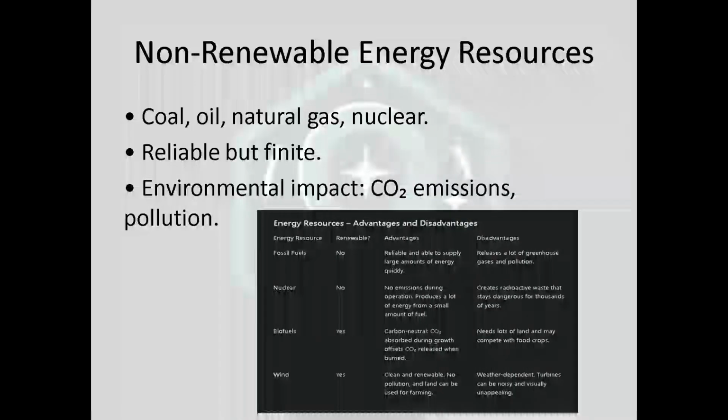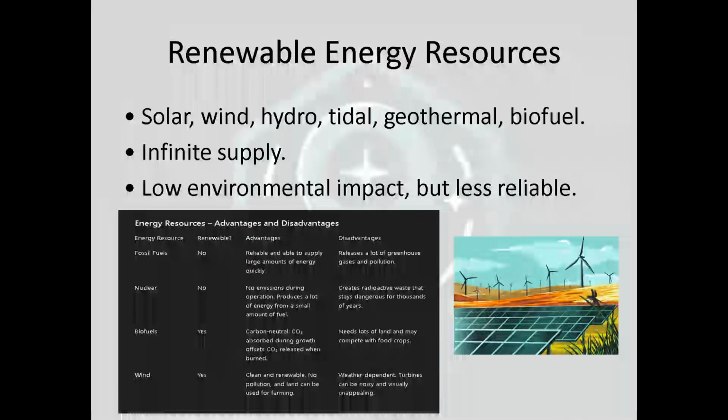So essentially, it comes down to the idea, do we grow crops to make biofuels or do we grow crops to make food? And then wind, which is essentially clean and renewable, but I'll go into great depth on that in the next slide. So moving on to renewable energy resources, we have solar, wind, hydro, tidal, geothermal, and biofuel.